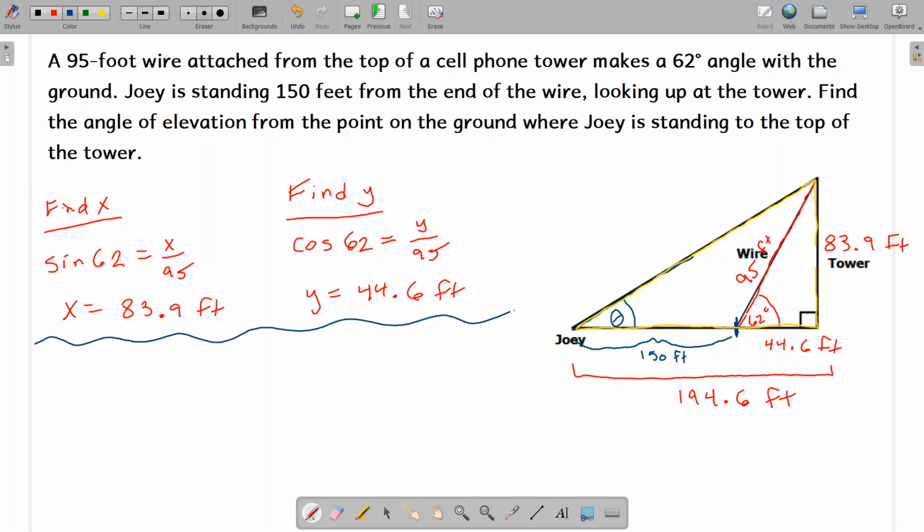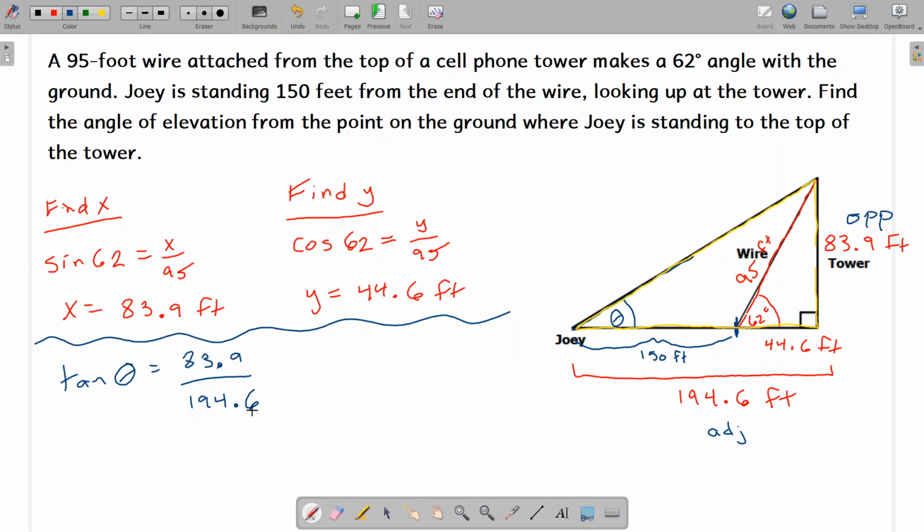To find theta, I'm going to use tangent because I have my opposite side and I have my adjacent side. So I'm going to set this up as tan of theta is equal to 83.9 over 194.6.